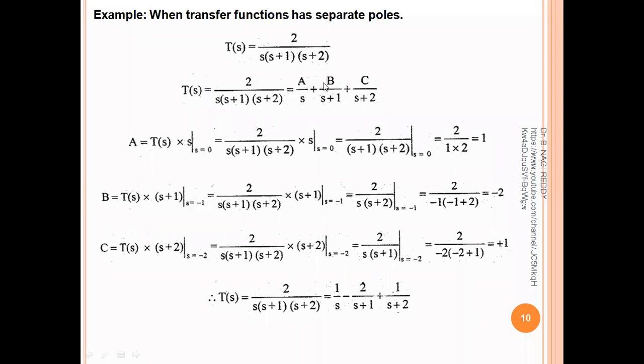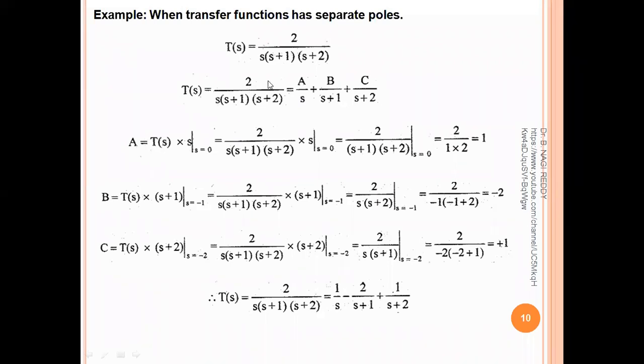We have to determine what A, B and C are. A can be determined by multiplying its denominator term with the given transfer function and substituting its pole in the place of S.